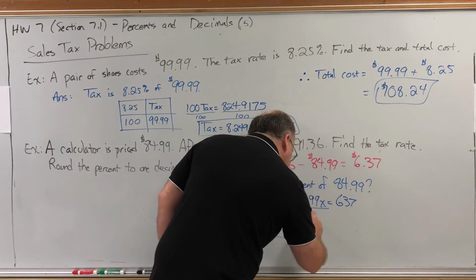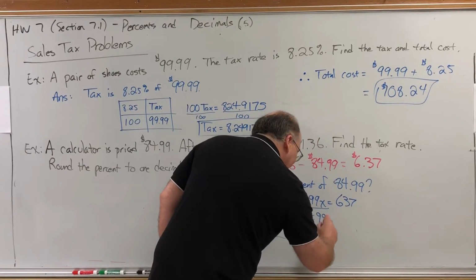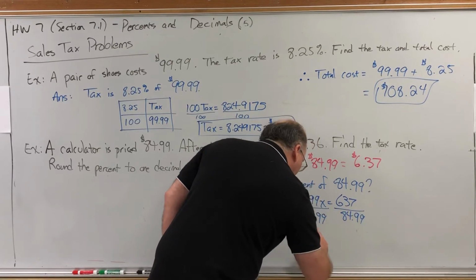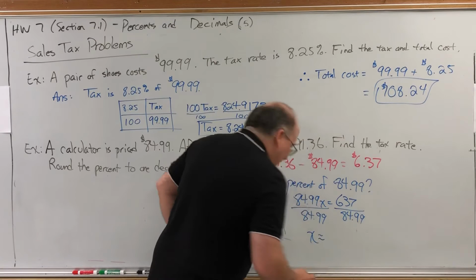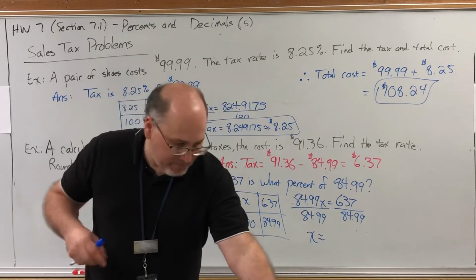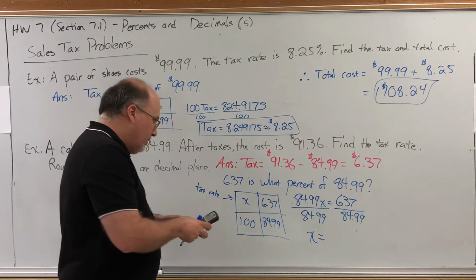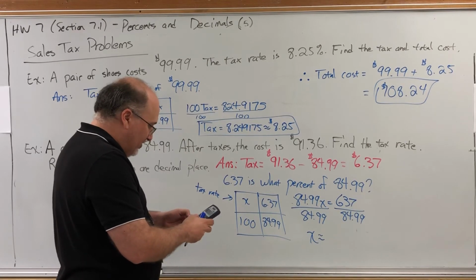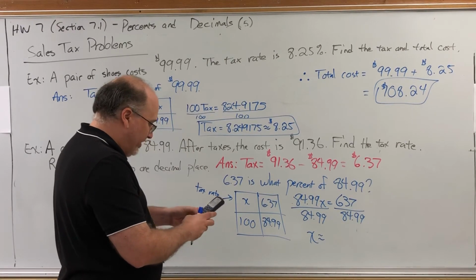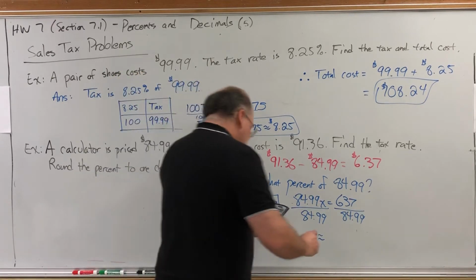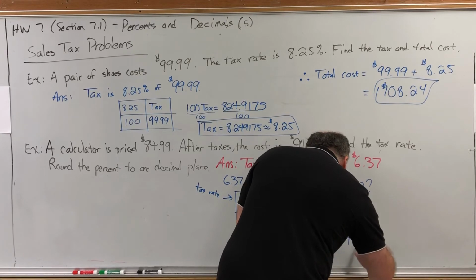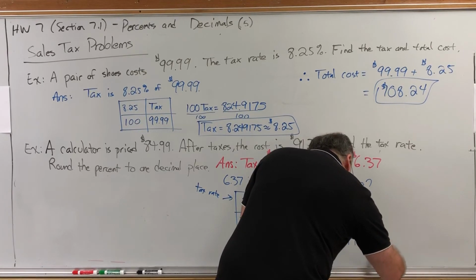So we divide both sides by the number that's preventing the x from being by itself. We divide both sides by 84.99, and we get x is approximately 637 divided by 84.99, which is approximately 7.4949999412.